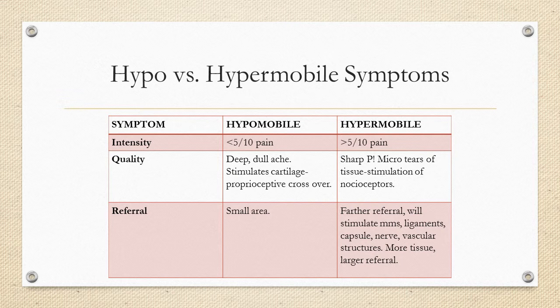It's usually more sharp in nature, and that's because we've got micro tearing of tissue, and this stimulates the nociceptors. You typically will get a farther referral pattern, and this will stimulate muscles and ligaments and capsule, nerve, vascular, everything. So the more tissue that's involved, the larger the referral pattern.